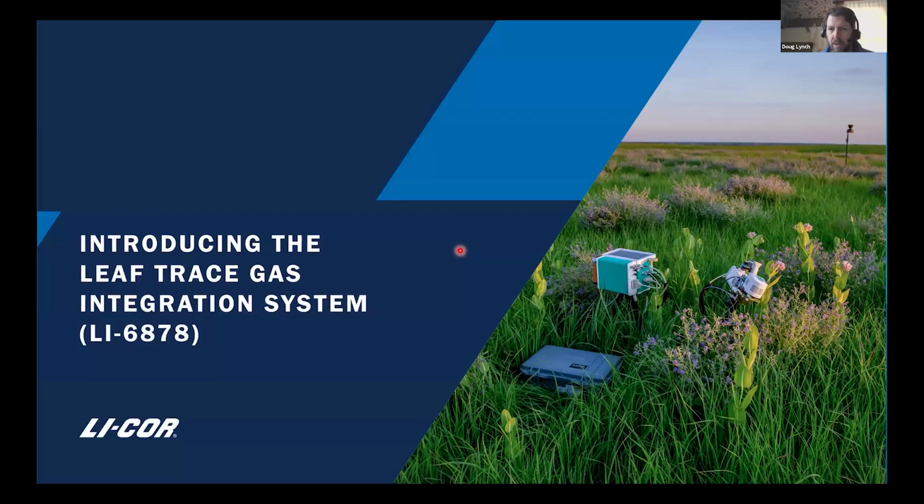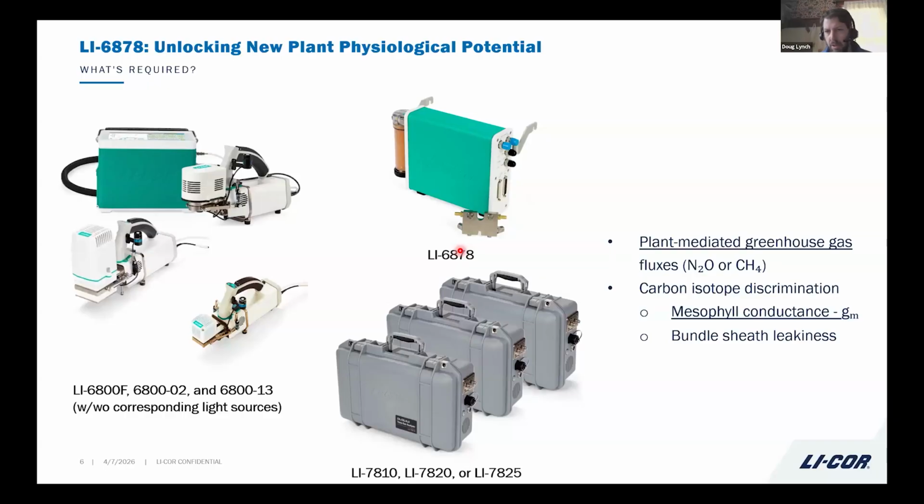So let's go ahead and dig into what we're talking about today, which is the LI-6878, or the Leaf Trace Gas Integration System, which is a mouthful for describing this new set of hardware. What we're trying to accomplish here is to integrate our LI-6800, the leaf level photosynthesis system, with what we call our trace gas analyzer platform that has a number of different analyzers for different gases of interest.